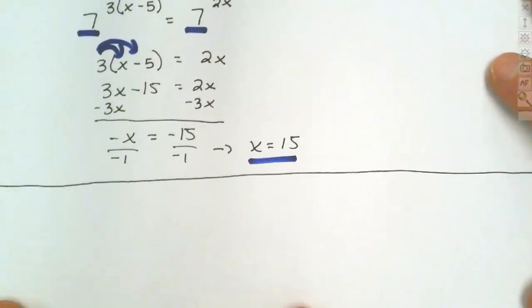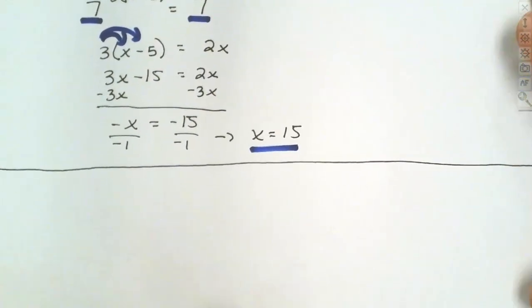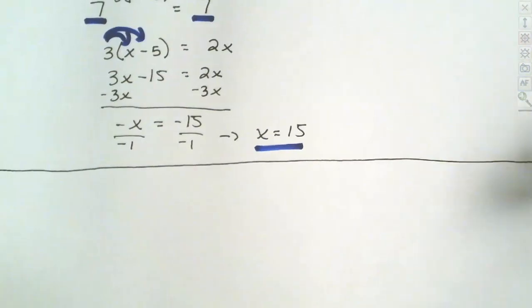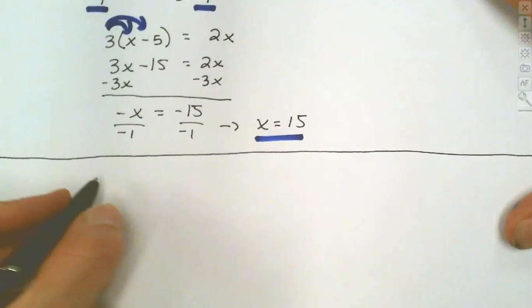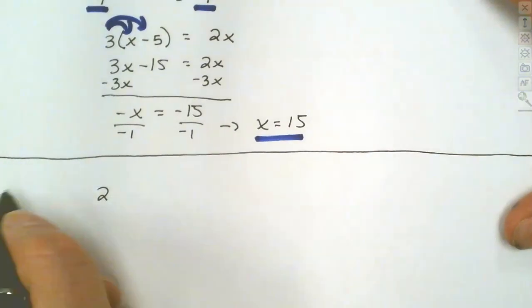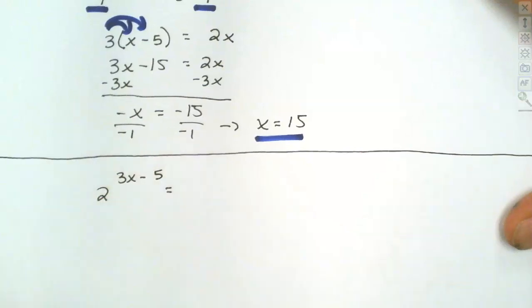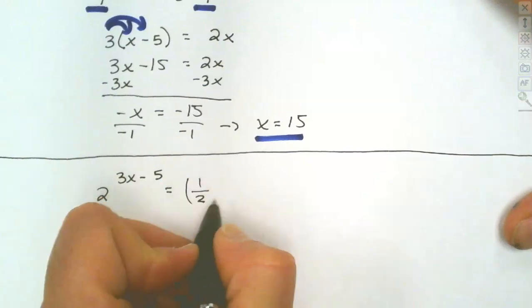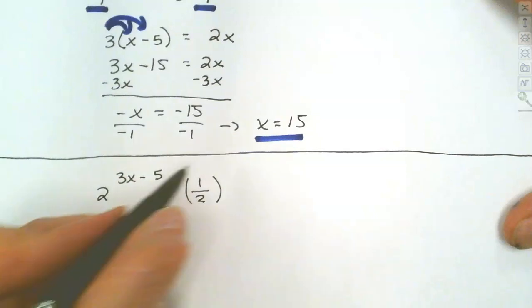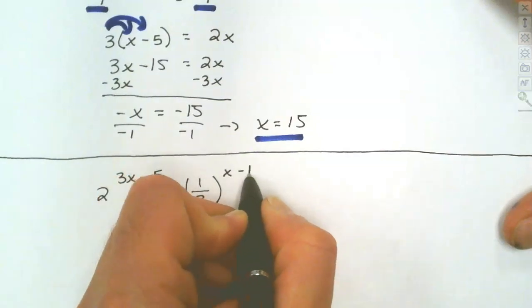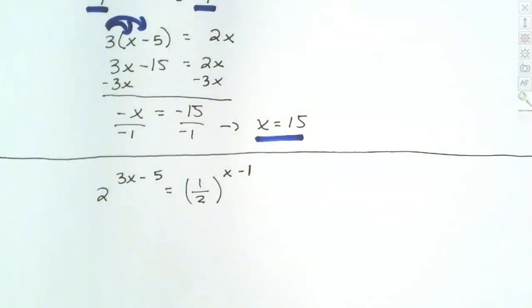Let's now look at a fraction one. And we're going to need to remember our rule for negative exponents. So let's try and solve this one by getting the bases to be the same.